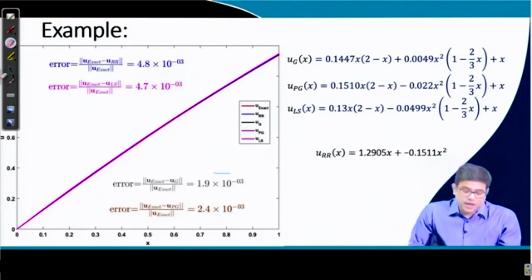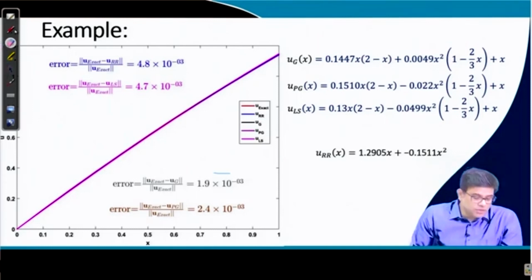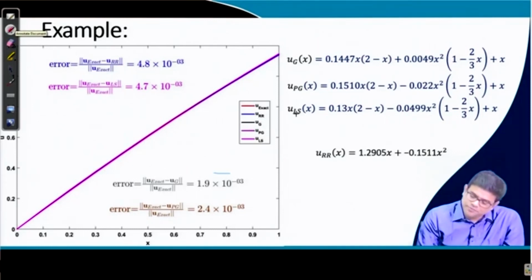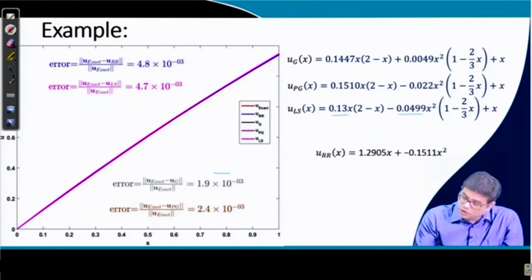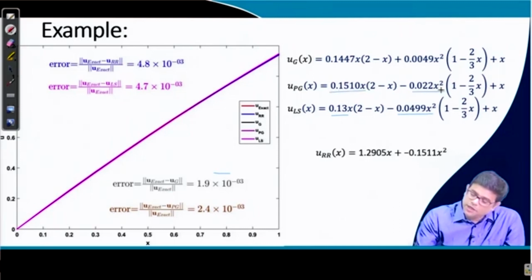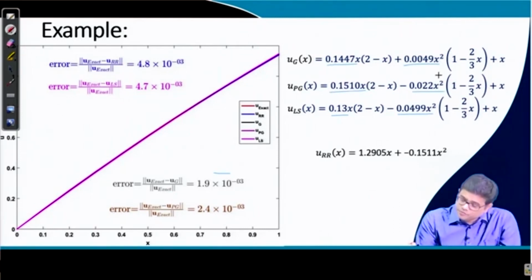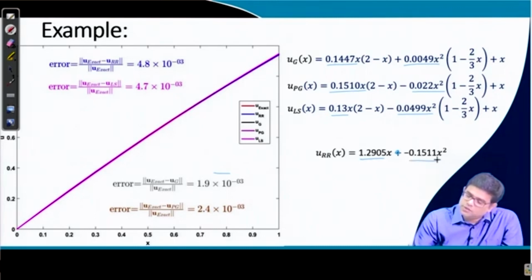So you see that in case of a least square solution, the coefficients are different again compared to the Galerkin and Petrov-Galerkin. On the other hand, Rayleigh-Ritz is this. So this will not be plus. So Rayleigh-Ritz will be this.